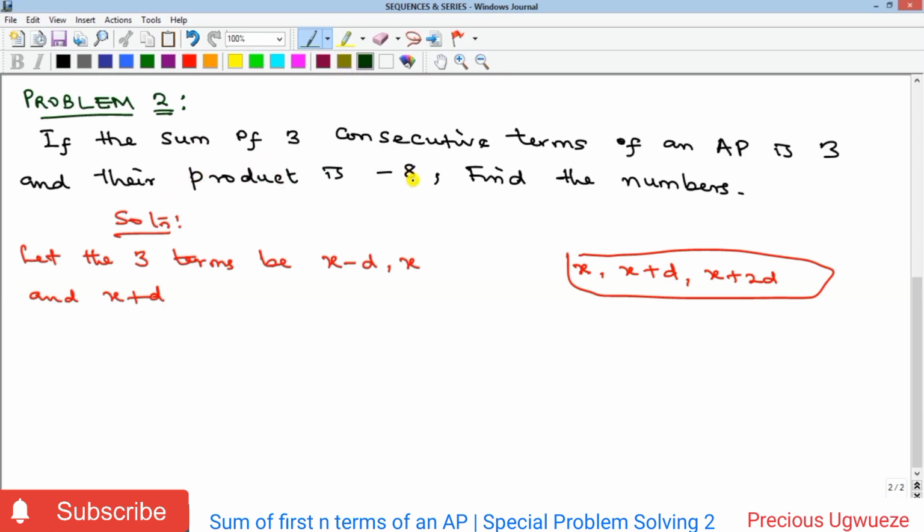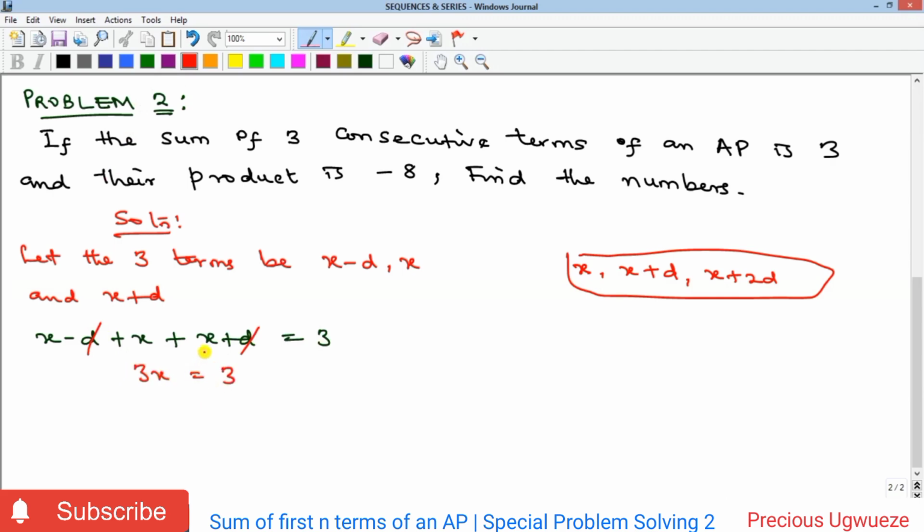It says that the sum of the three will give us 3. So that means x minus d plus x plus x plus d is going to be equal to 3. And so from here, you are going to find out that this d will take away this d, and so we are going to have 3x equal to 3.